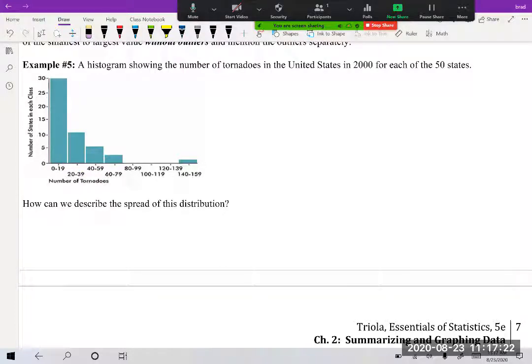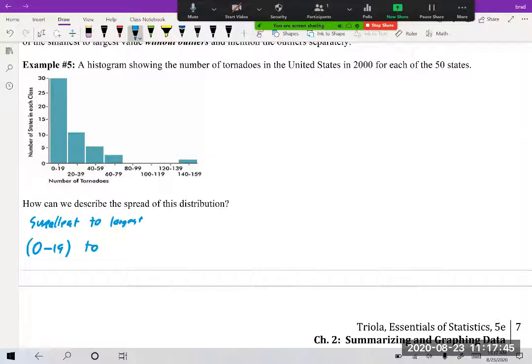So it says, how can we describe the spread of the distribution? Okay, so let's talk about the spread first of all. We know the smallest interval, so smallest to largest is going to be 0 to 19.